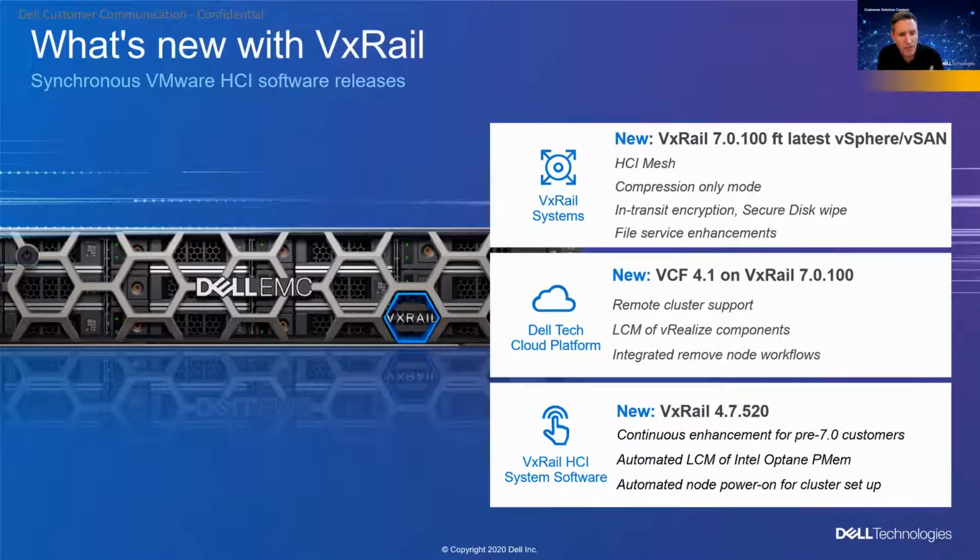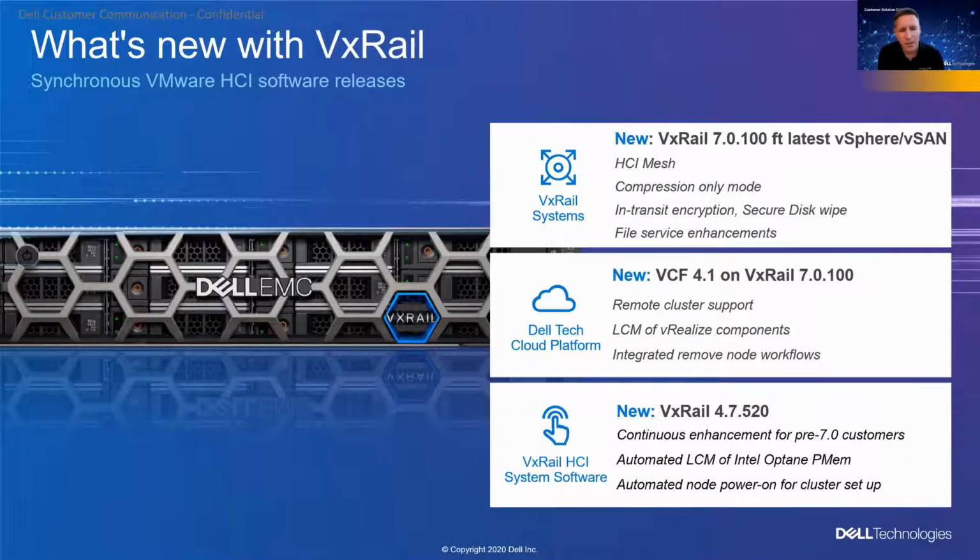We also now have compression only mode. It used to be that you either use dedupe and compression together or not at all in your cluster. Now you have an option to just turn on compression only mode. There's been a real great performance boost with Update 1 on vSphere 7 as well.